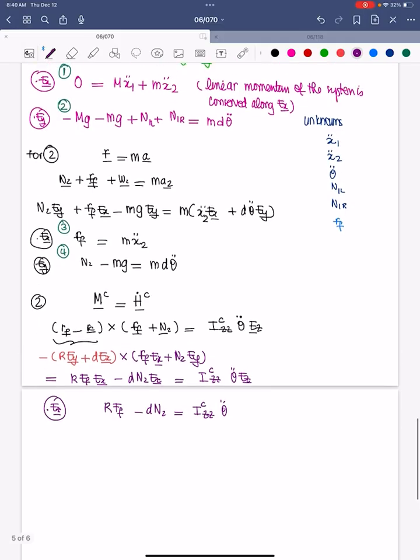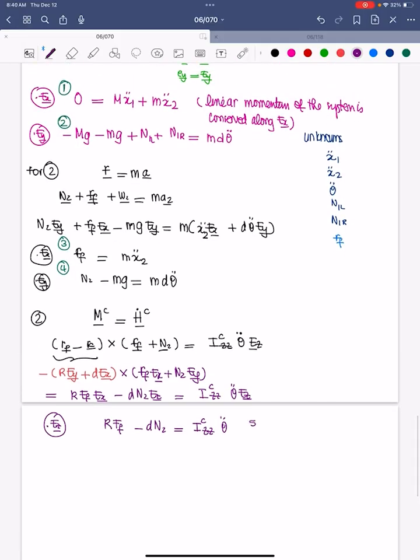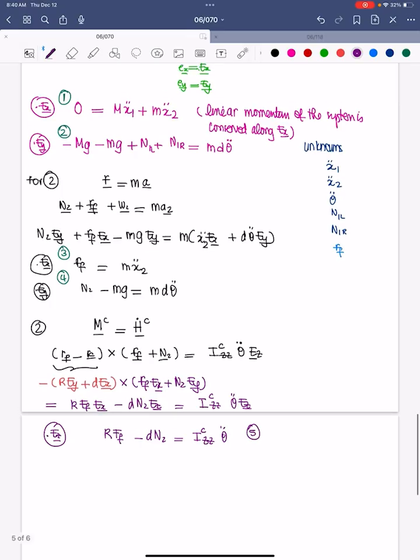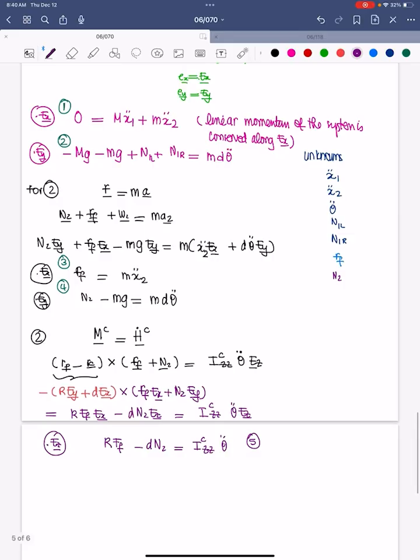Wow. Okay, that's the fifth equation. We did introduce N2, which is an unknown. Okay, fifth equation, but now we have 7 unknowns.